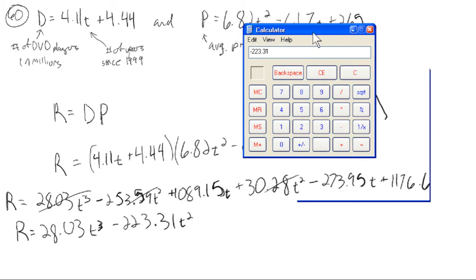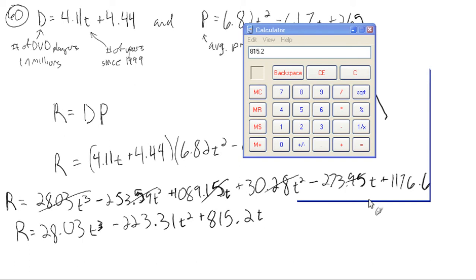Let's get this out of the way. So 1089.15 minus 273.95 is 815.2 t, because they are t terms.